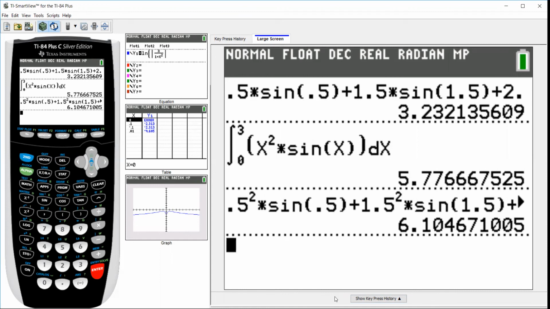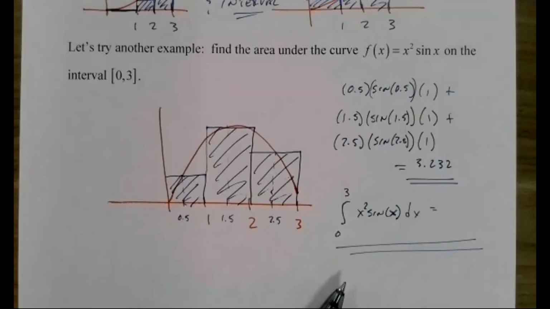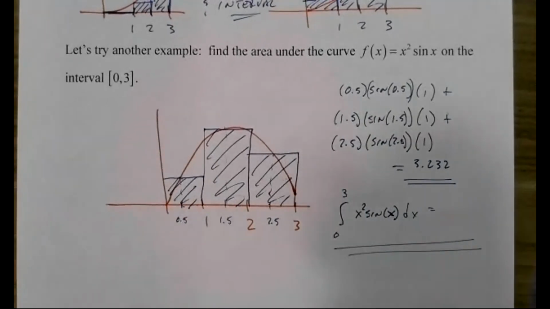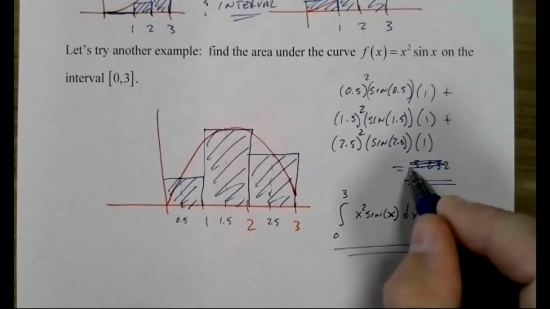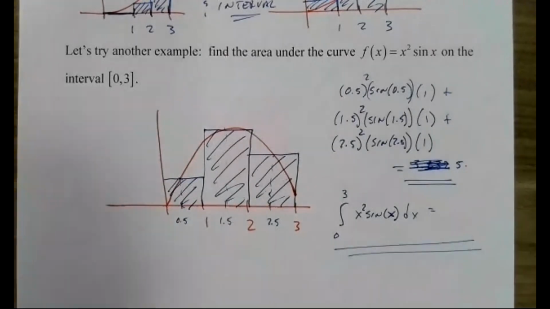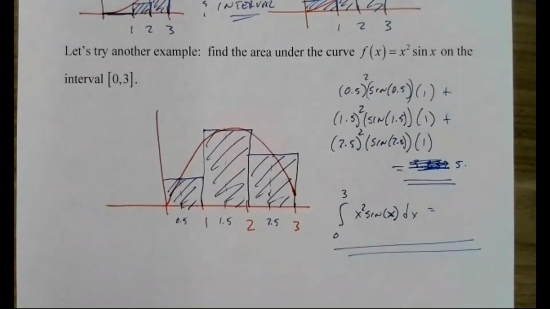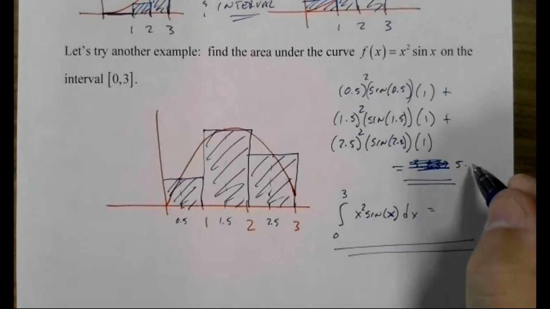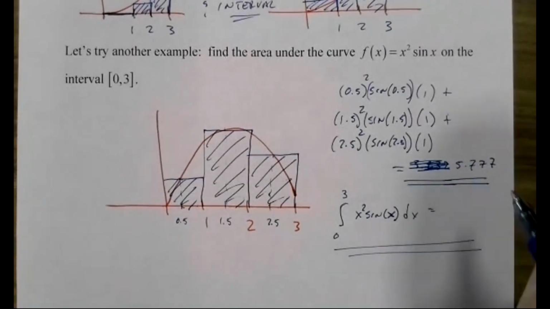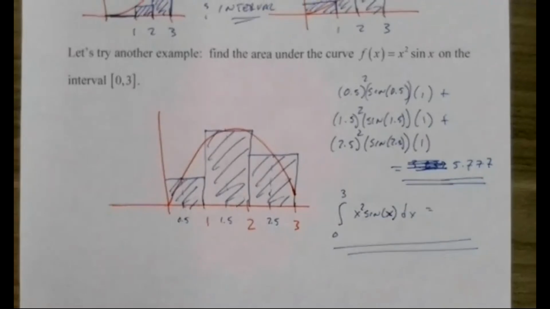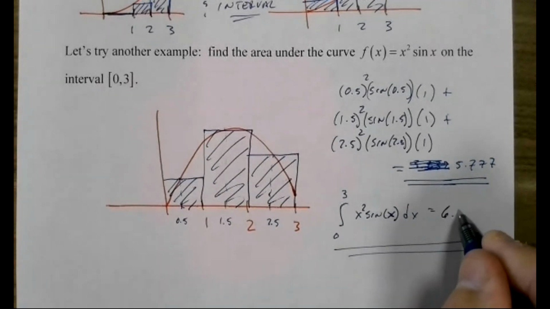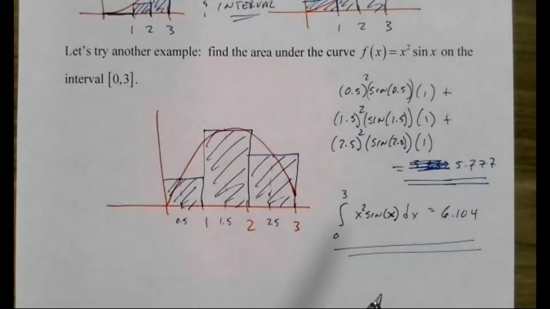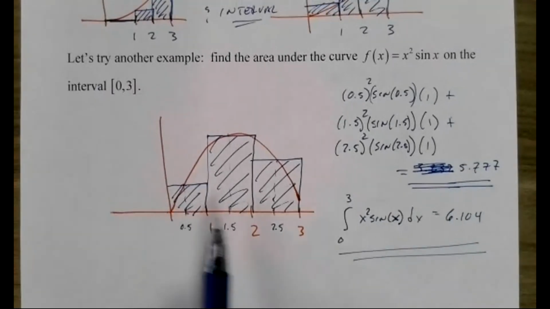And then 5.777, 6.104. 5.777 actually is correct, but it's supposed to be squared, squared, squared. I'm changing the screen, you won't see it. 5.777. And then over here, 6.104. You'll find this very accurate because it does the same thing with more divisions.